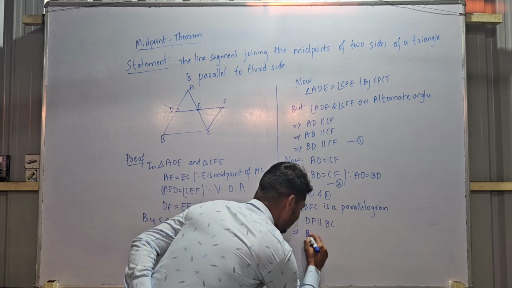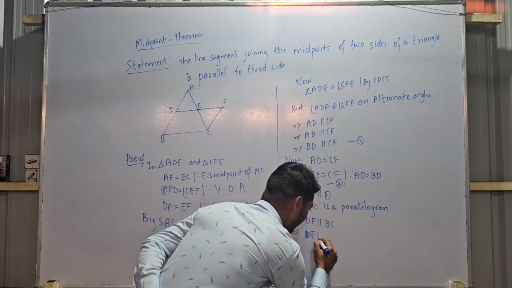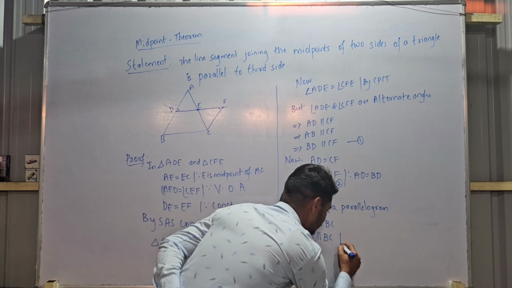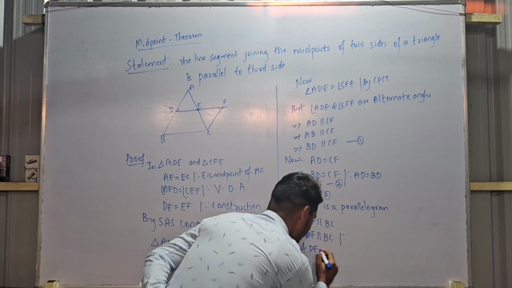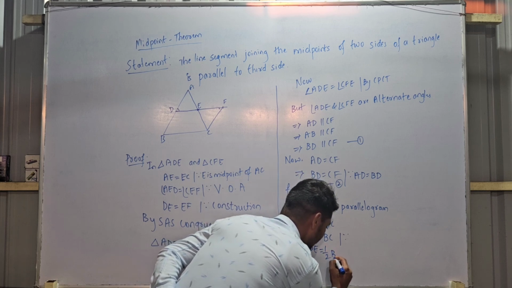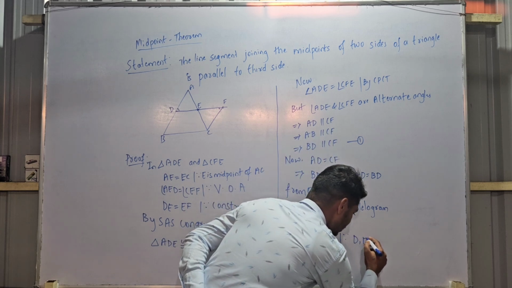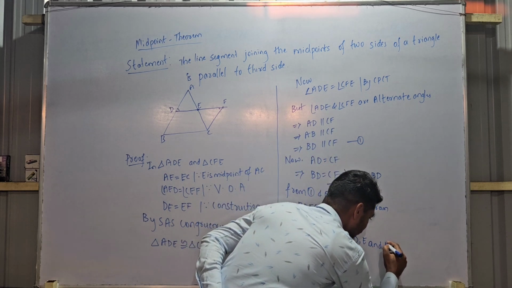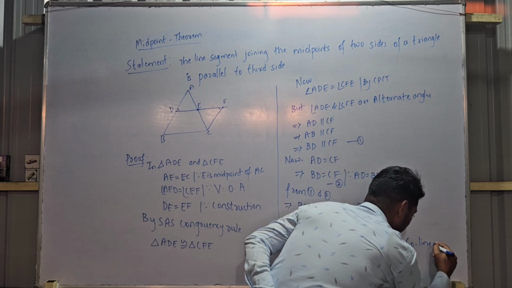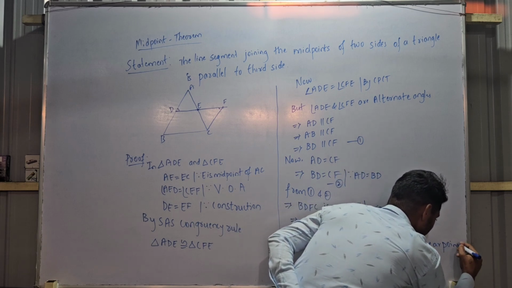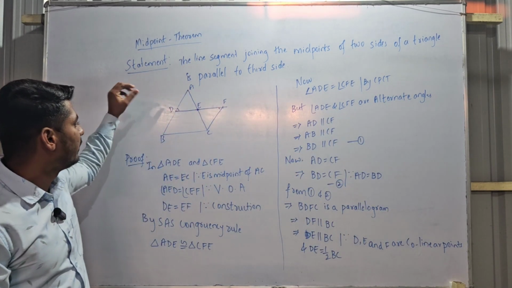This implies DE is also parallel to BC, and DE is half of BC, because D, E and F are collinear points.